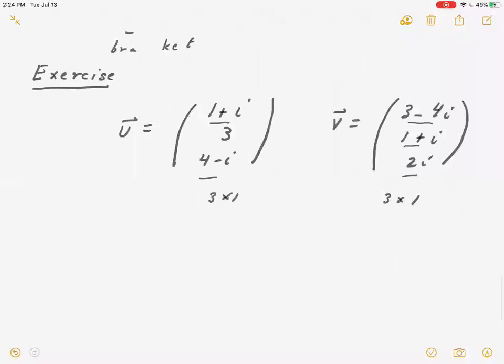Vectors are matrices. So what is the inner product of U with V?